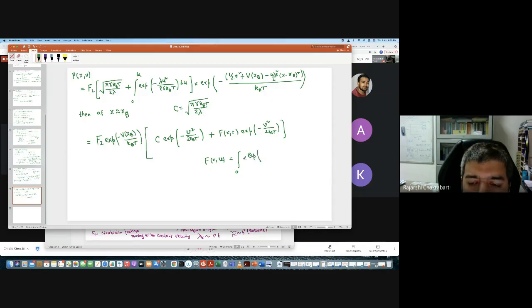This is exponential of, into lambda. You have gamma also. V. Okay. This is how it is, isn't it? P of x comma v, if I write in terms of v. Yes, sir.